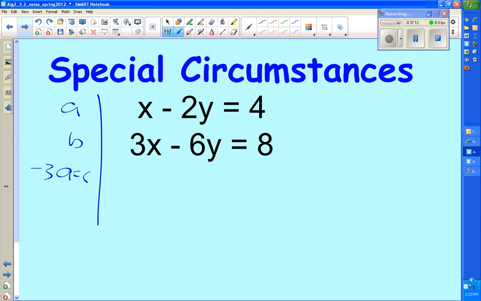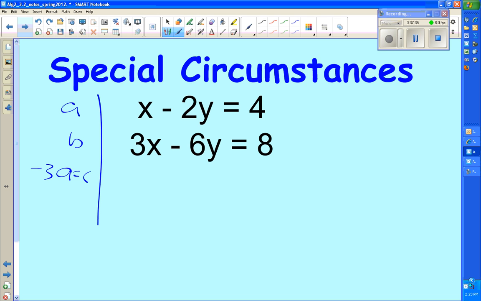I'm going to use elimination. Negative 3 times A, negative 3x plus 6y, negative 12. So when we add these two equations, B and C, what happens? So the x's cancel, the y's cancel.